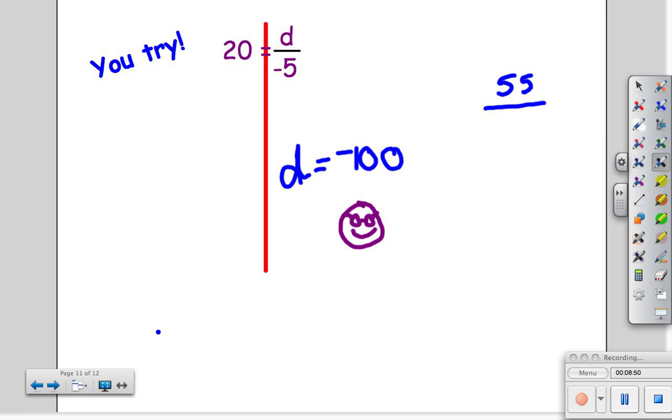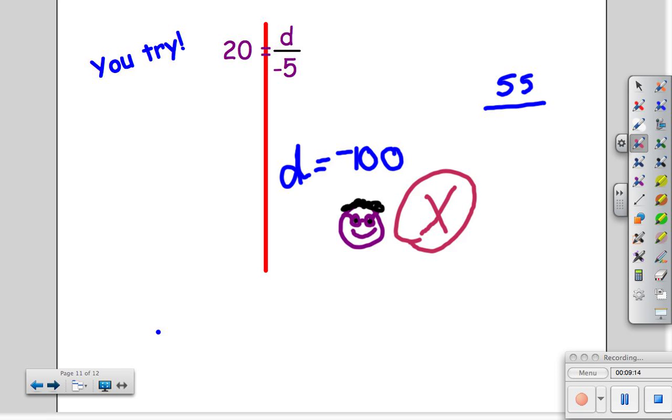So you can give them some nice curly hair as well, because you're off to a great, brilliant, wonderful start. If you did not get negative 100 for this problem, put down your X. Once you do get the correct answer and find the math to get you to the correct answer, circle your X.